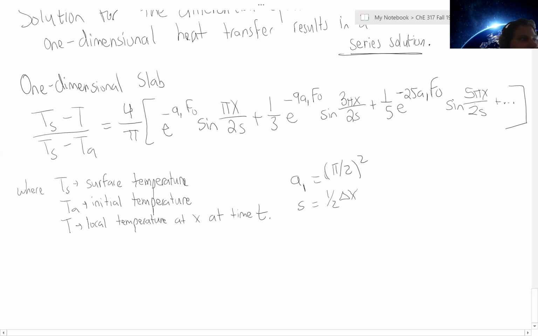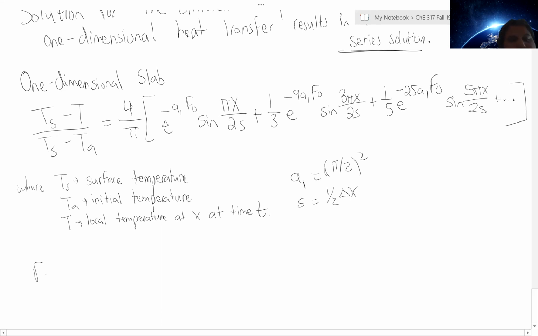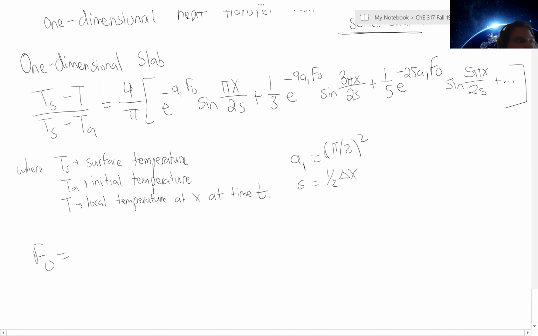And Fo is a particular dimensionless value known as the Fourier number, which is simply alpha, or the thermal diffusivity, times time divided by s squared.